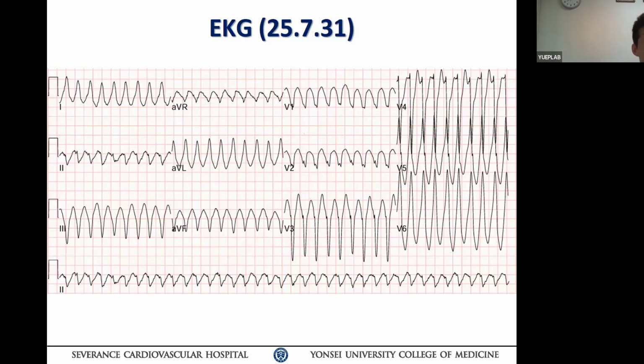Your V4 looks sharp, but your V5 looks like a slurred S wave, with a slurred onset there. But the notching is very beautiful, because the notching usually shows through for V1 and V2. Suppose there will be some abnormal conduction even during the VT.